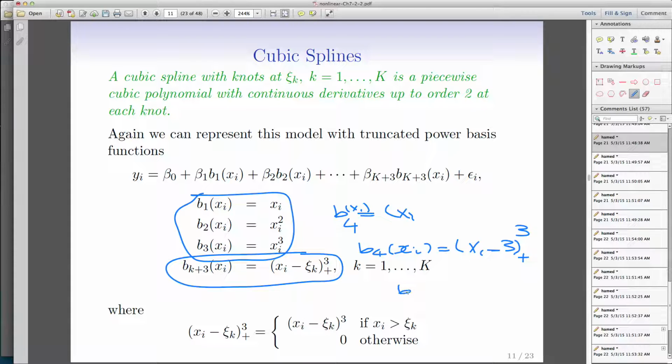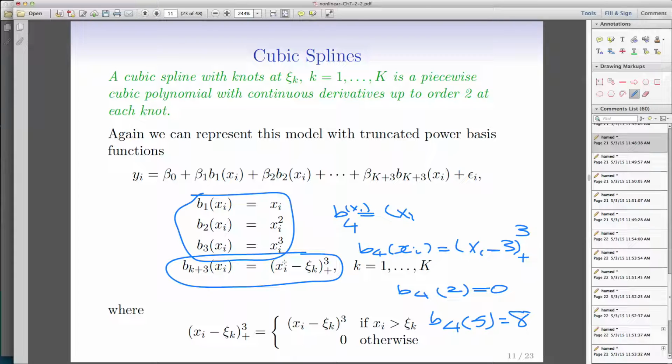So that means b4 of 2, or any other point which is less than 3, is 0. b4 of 5 would be 5 minus 3, cubed. So 5 minus 3 is 2, and 2 to the power of 3 is 8. So these are our base functions in the cubic format.